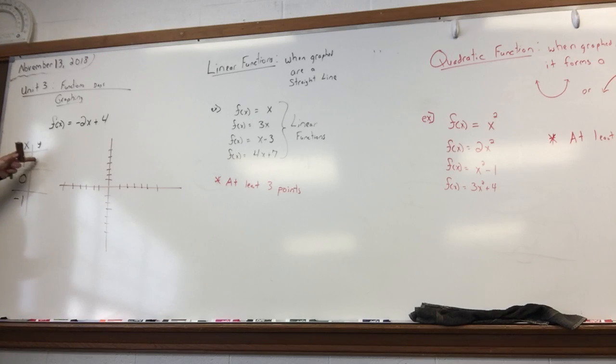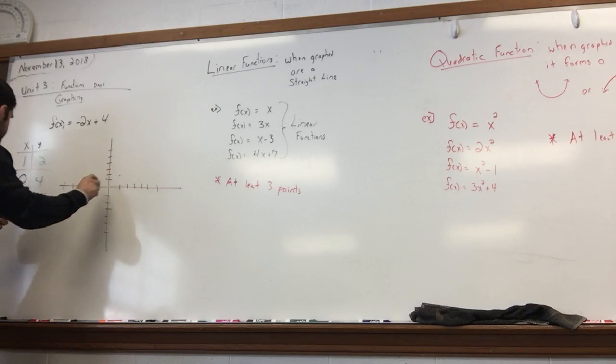No, I want what my y value is for when x is 1. 2. Good. Negative 2 times 1 is negative 2, plus 4 is 2. Lydia, my y value when I have 0 as x? 4. Okay, last but not least, when I substitute in negative 1. 6. Now we can graph.